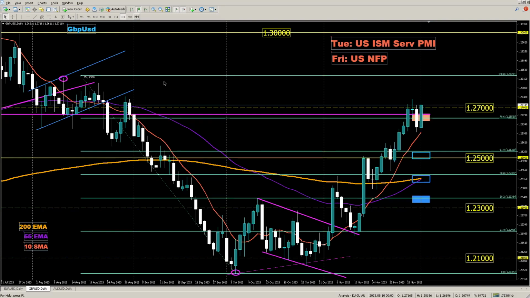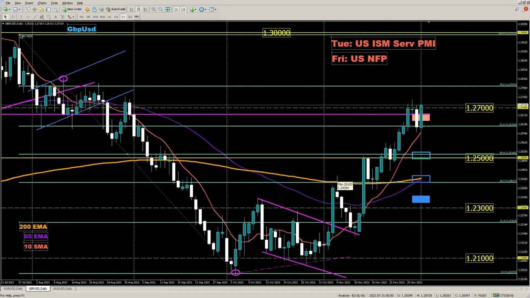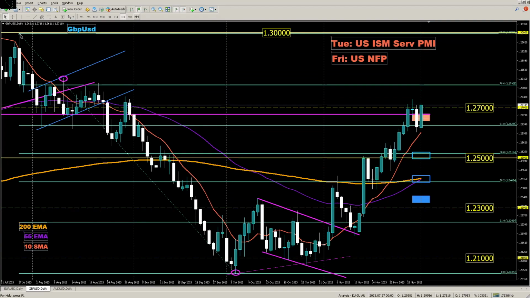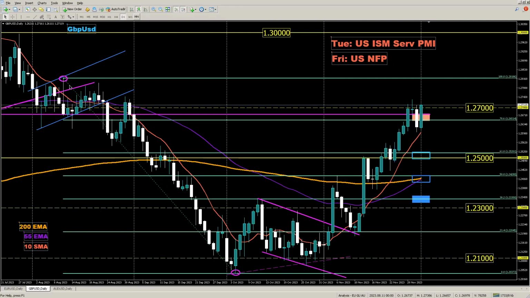Now we can also test to see whether it has reached any significant levels here, and we can still use this from the breakdown from the bearish channel here.